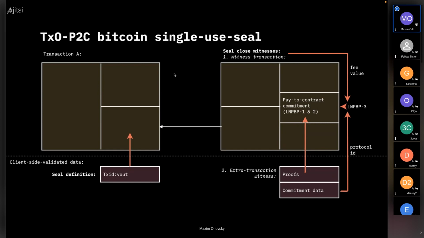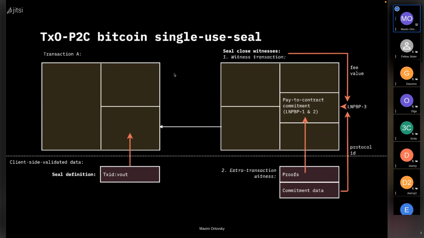First of all, we tweak a public key or a set of public keys. It's defined by the LNPBP1 procedure, and it's an extended pay-to-contract commitment protocol. Then we define how we will put this set of public keys into different forms of transaction outputs, which may vary from pay-to-public-key or pay-to-public-key-hash or witness public key hash up to very complex scripts.